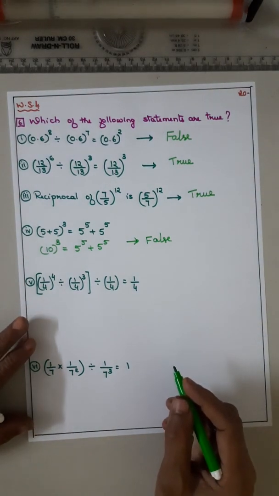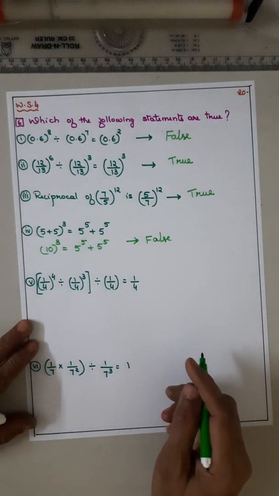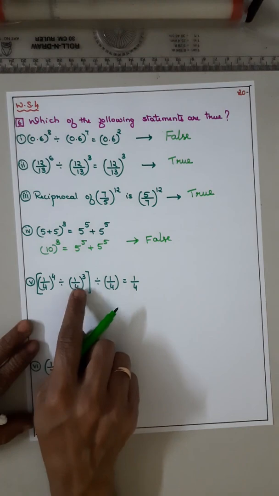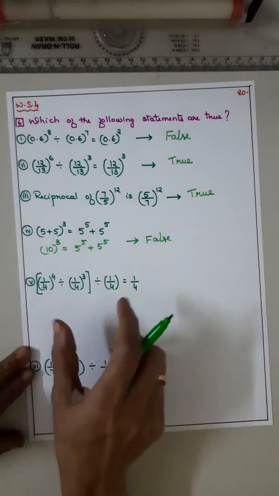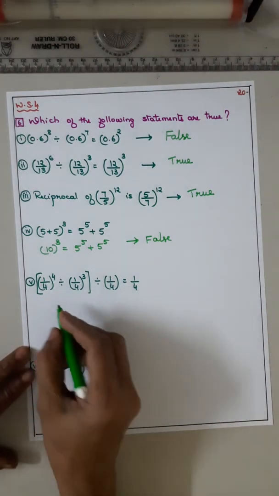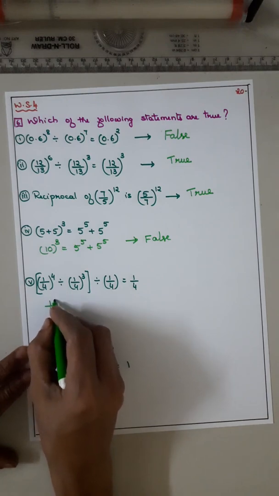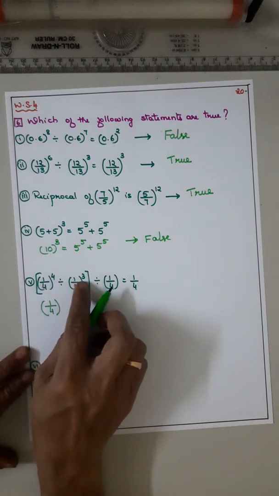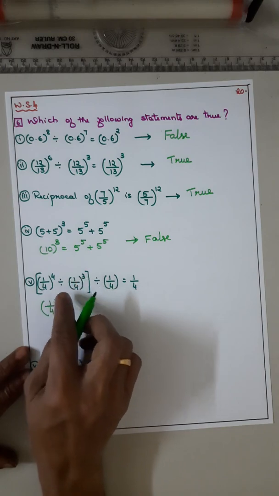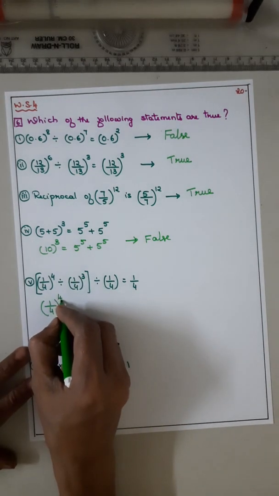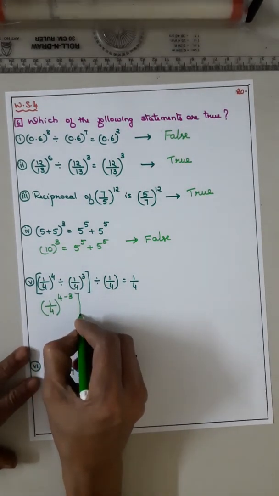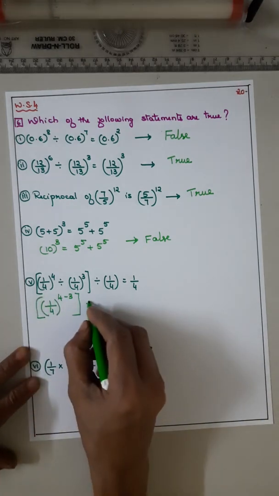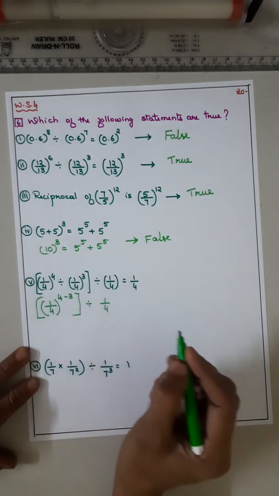Now in the fifth sum, the bases are same. Here it is division. So LHS we have to solve and see. So 1 by 4, the power is 4 and 3 means division. So 4 minus 3 divide by 1 by 4.